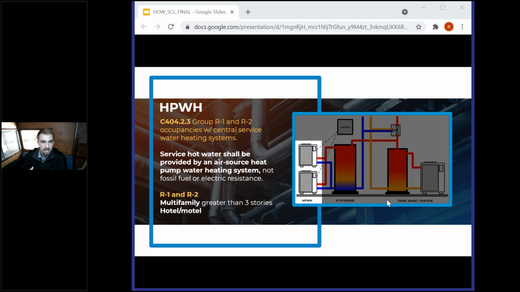SDCI, Seattle Department of Construction and Inspections, will be releasing a tip document soon that gives a more high-level view of all the code changes through the Seattle Energy Code that will accommodate heat pump water heaters. So definitely keep an eye out for that. It'll be a really helpful document to point you to the different codes you're going to need to look at if you don't want to go through the Seattle Energy Code line by line.